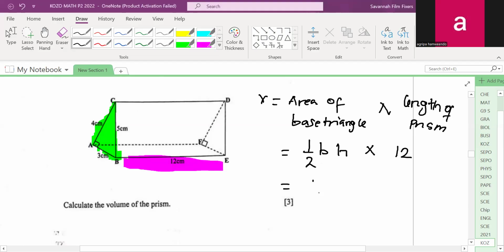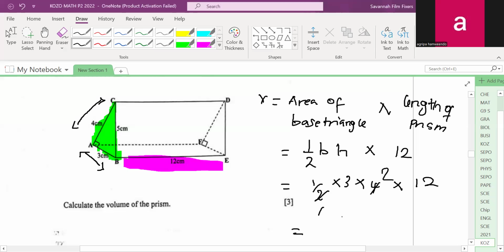So it would be half multiplied by the base of this triangle, which is 3, multiplied by the height of this triangle, which is 4, multiplied by the length of the prism, which is 12. So 2 can go into 4, and we're multiplying 3 times 2 times 12.